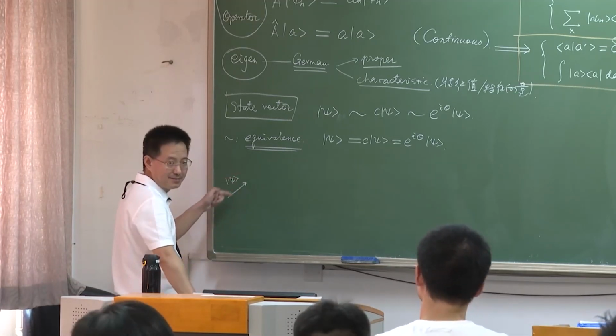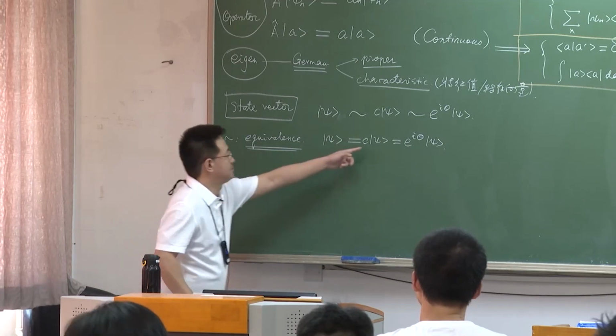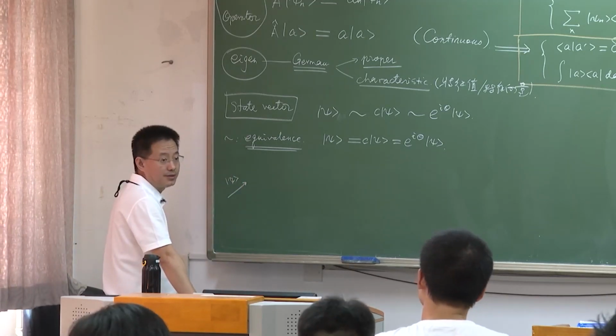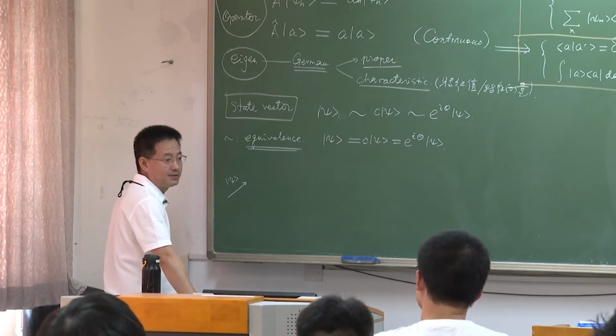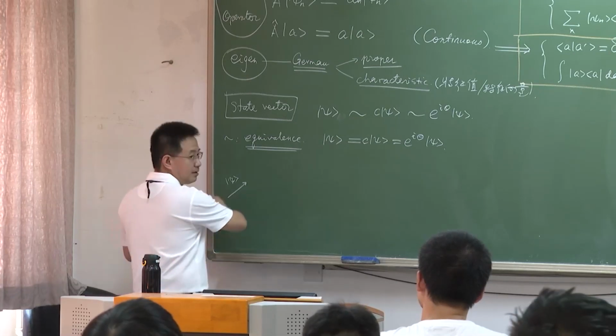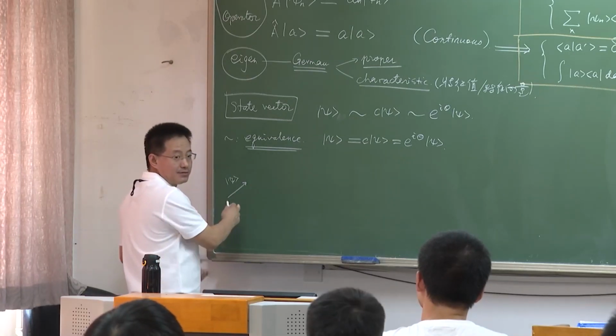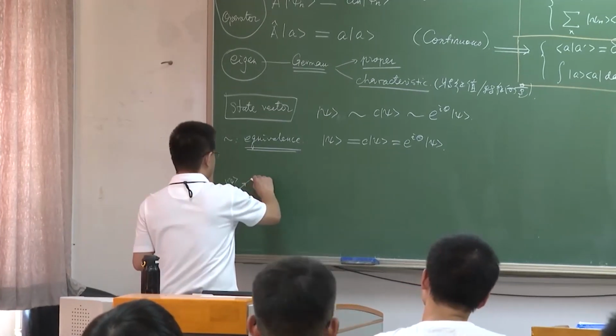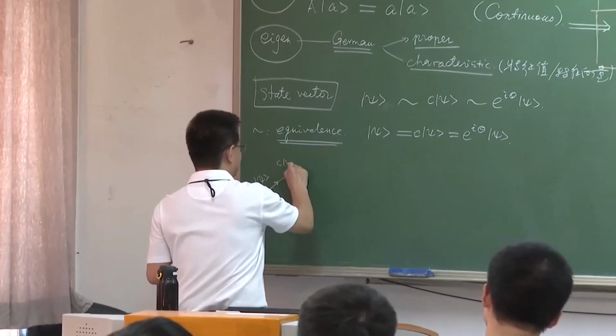This is a vector. And what is c psi? If c is a real number, that means you only enlarge or shorten the length of the vector, but the direction is kept invariant, right? So maybe this is c psi.